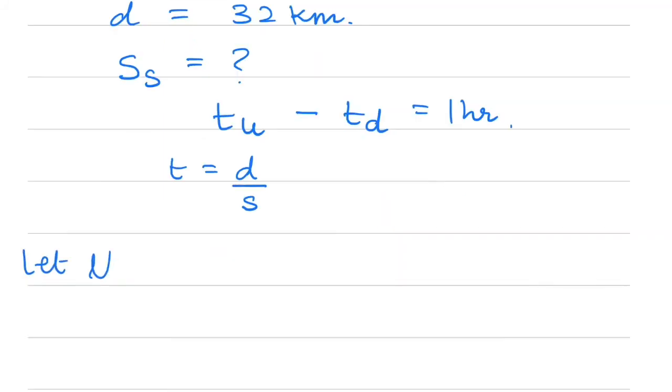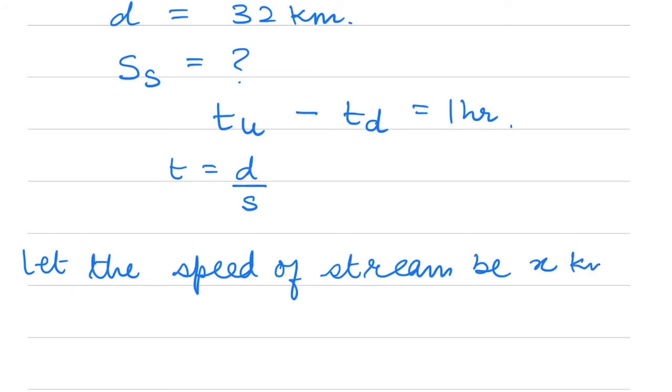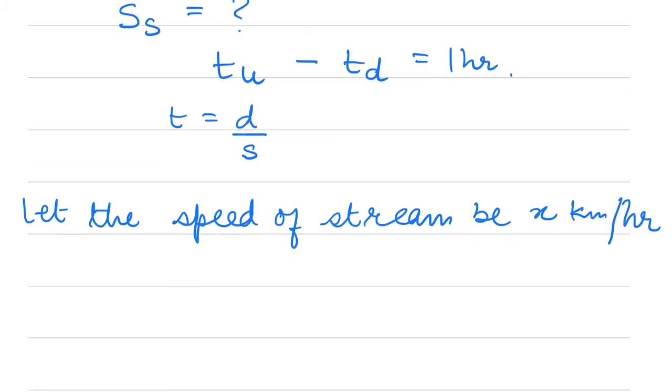Let the speed of the stream, which we need to find out, be x kilometer per hour. Now let's substitute here. So we have time of going upstream minus time of going downstream is equal to 1.